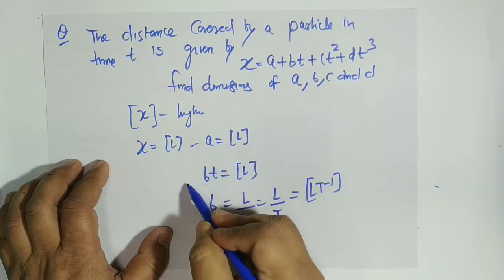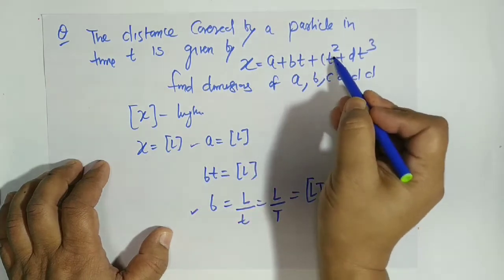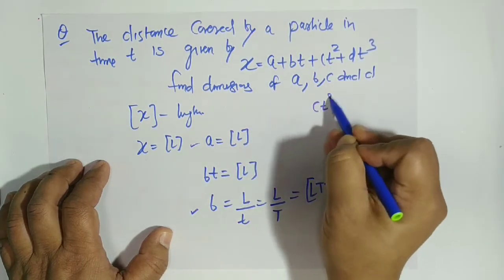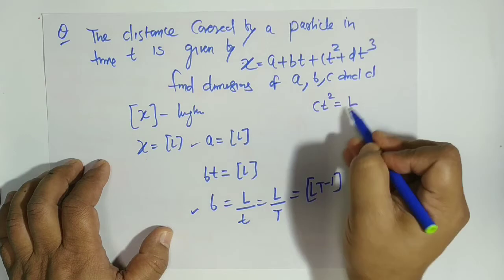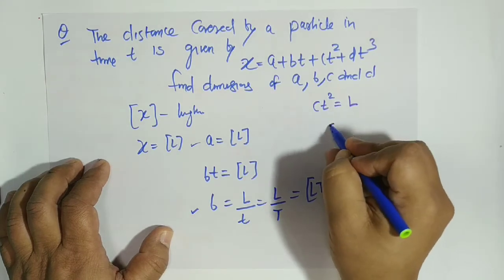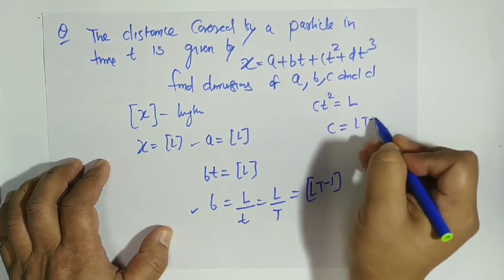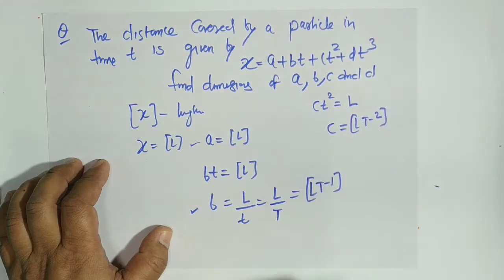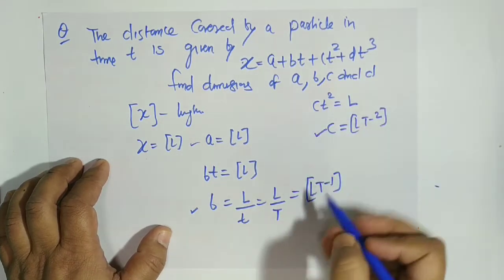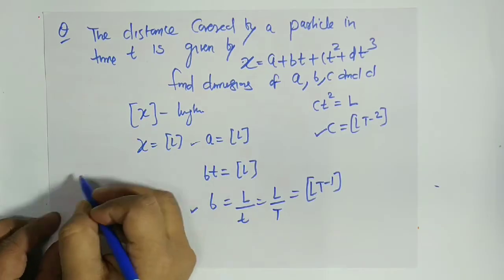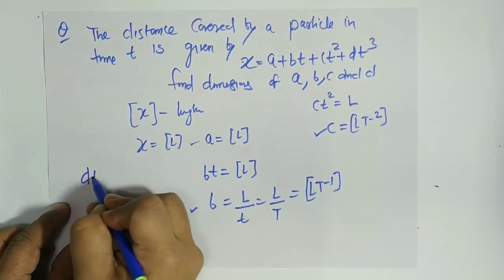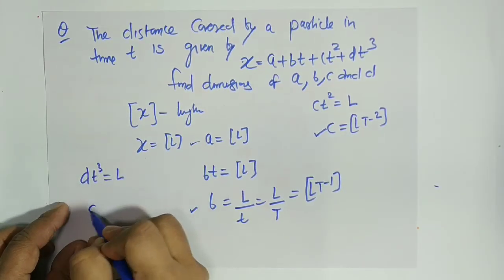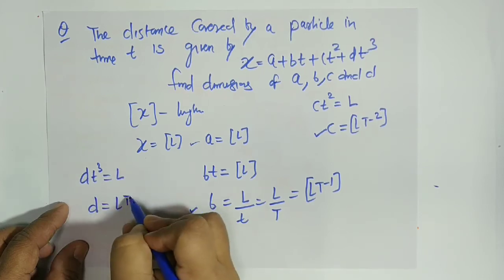Then find out about c. This is a, this is b. Then ct square will again be equal to x, same dimension L. So directly I am writing, c will be LT minus 2. Got it or not? And then the last one is dt cube, which will again be equal to L, so d will be LT minus 3.